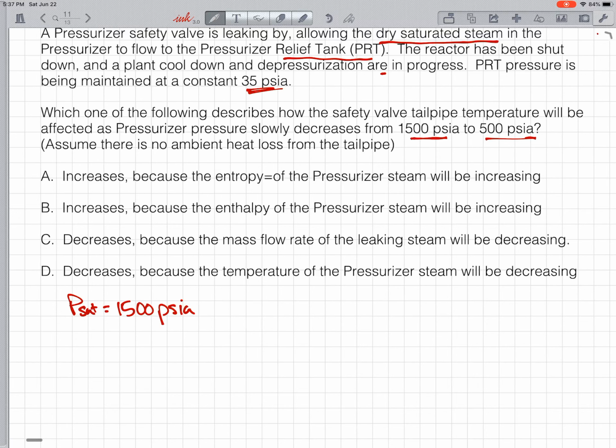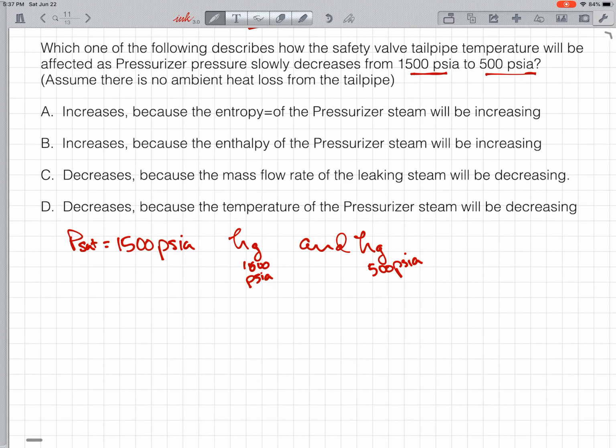And we're going to need to find the enthalpy, which is going to be H of G at 1500 psi-A and H of G at 500 psi-A. We're going to compare those to see which is higher, and then I'm going to show you that higher enthalpy will equal higher temperature.